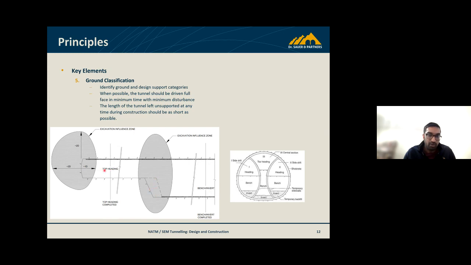You generally drive the top headings ahead of the benches and inverts, and that creates your stability for the tunnels as you're going through.